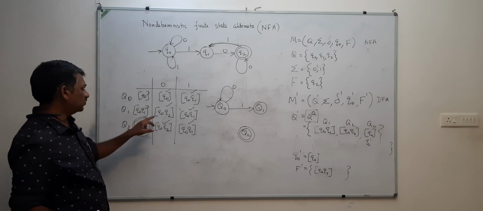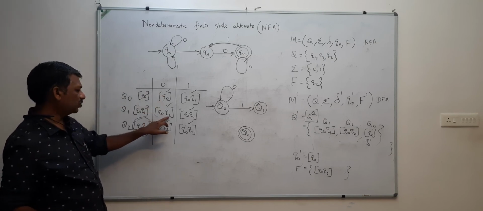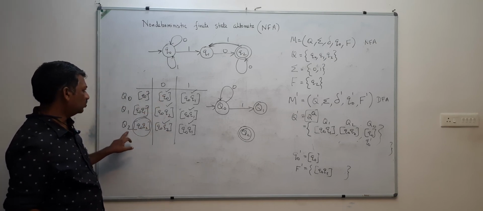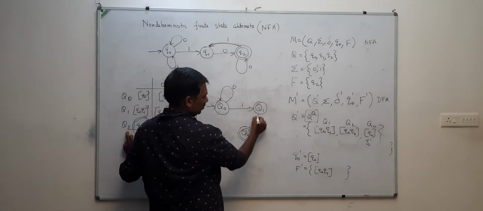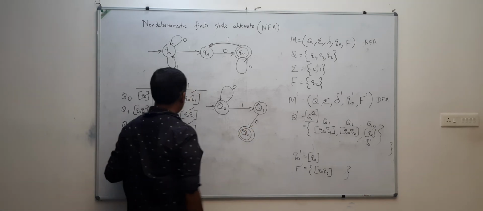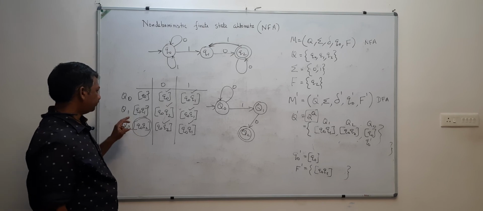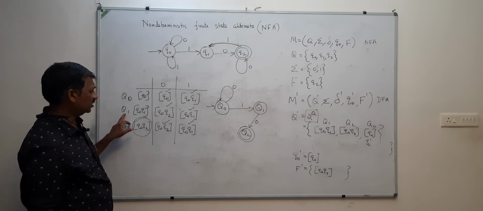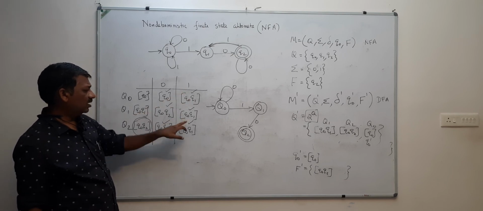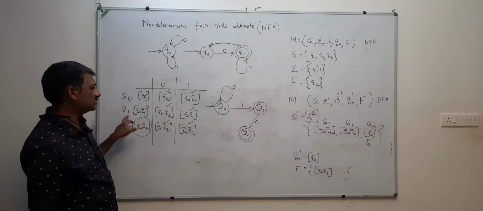Now q1 accepting 0 moves to {q0, q2}, which is q2, and q1 accepting 1 gives {q0, q1}, that means it stays in the same state.